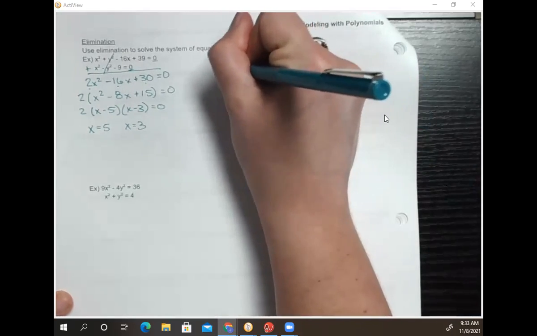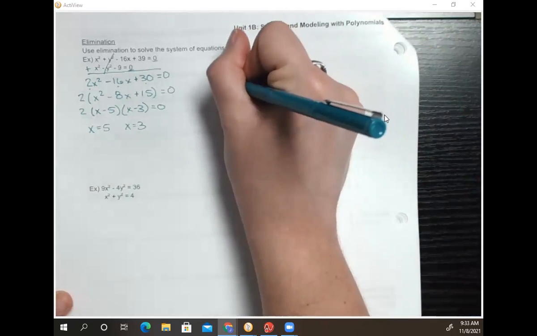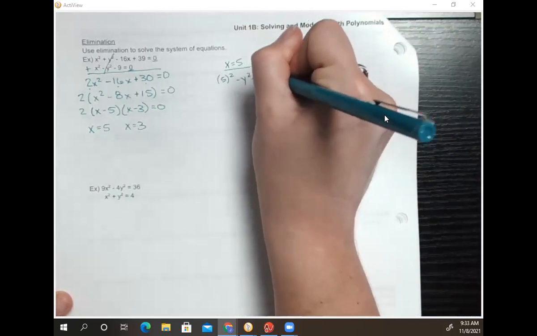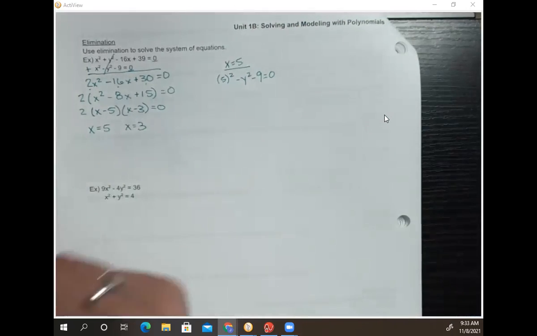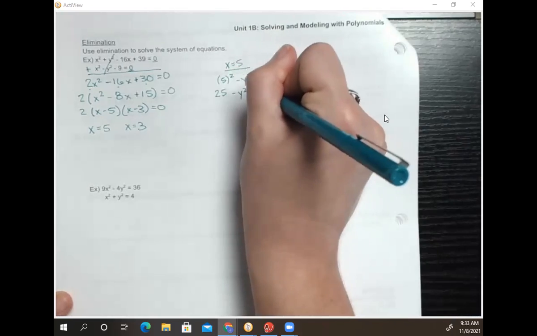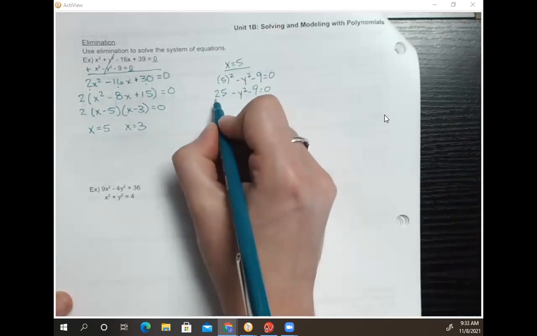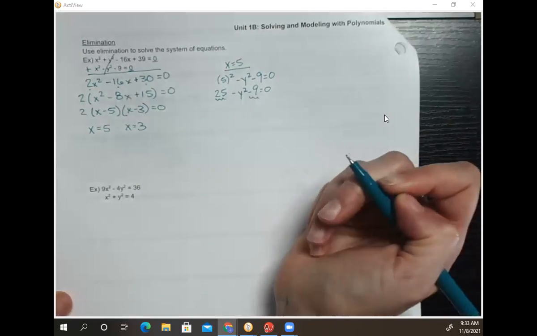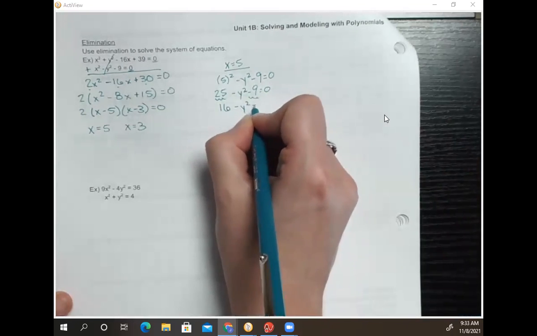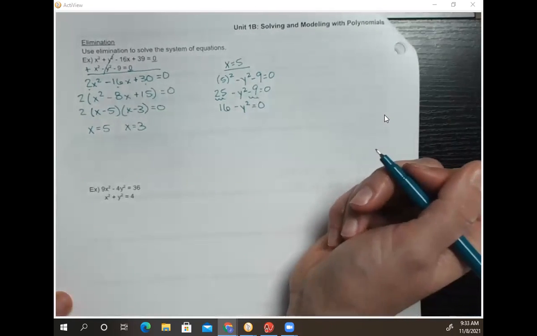So when x equals 5, this would look like 5 squared minus y squared minus 9 equals 0. So I have 25 minus y squared minus 9 equals 0. I'm going to combine my like terms here. 25 minus 9 is 16. So I get 16 minus y squared equals 0.